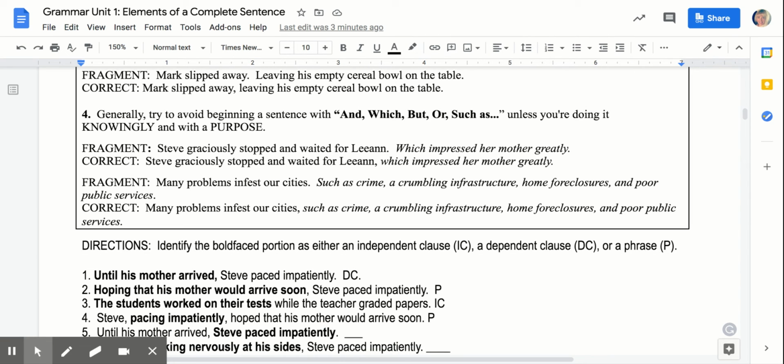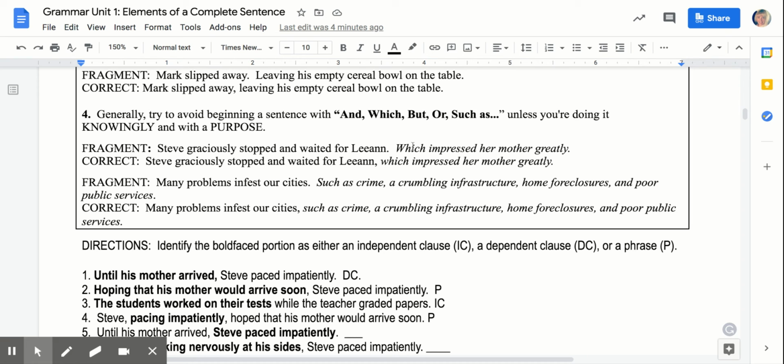All right. Generally speaking, one last little note is we want to avoid beginning a sentence with these types of words: and, which, but, or, such as, unless we're doing it intentionally. But oftentimes when we begin a sentence with one of these words, we inadvertently create fragments.